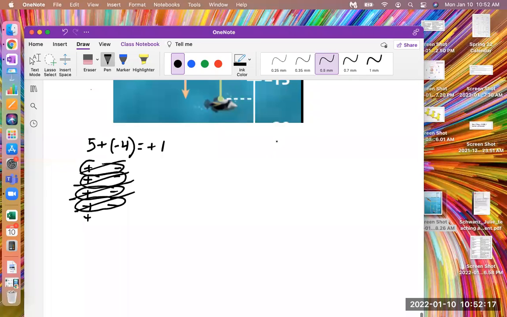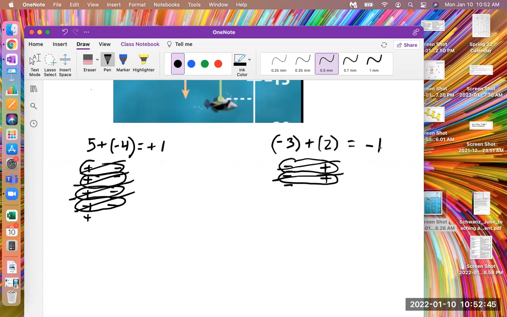So let's say -3 plus +2 equals. You would do it because it's 3 negatives, so it'd be 1, 2, 3, and 2 positives. Each negative and positive cancels, and then you get 1 negative.